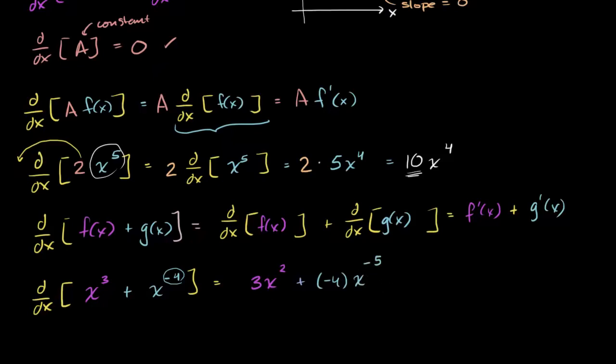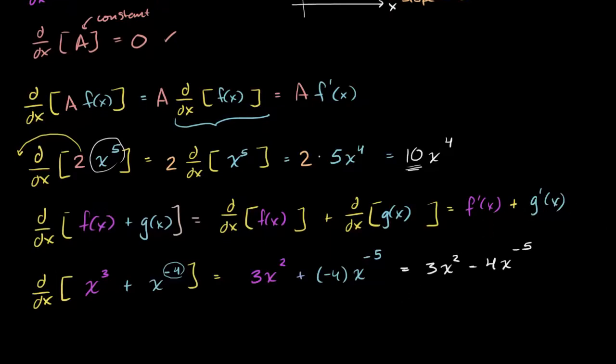I can simplify a little bit: this is going to be equal to 3x squared minus 4x to the negative 5. And so now we have all the tools we need in our toolkit to essentially take the derivative of any polynomial. So let's give ourselves a little practice there.